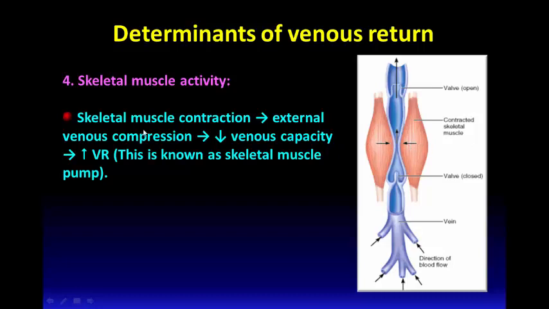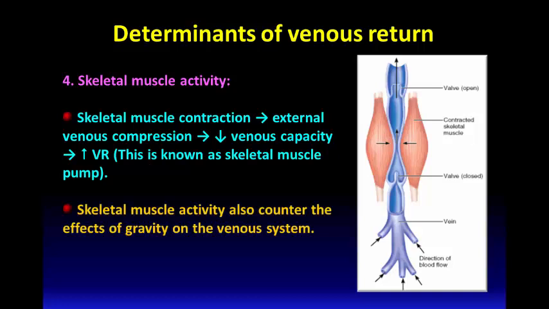Thus, skeletal muscle contraction lowers the venous capacity, and when the venous capacity is lowered at a constant blood volume, the mean circulatory pressure increases and the venous return increases. This is known as the skeletal muscle pump. Skeletal muscle pump also counters the effects of gravity on the venous return.